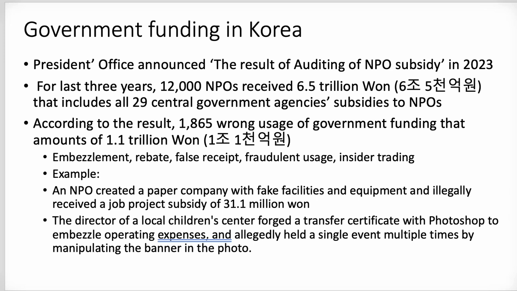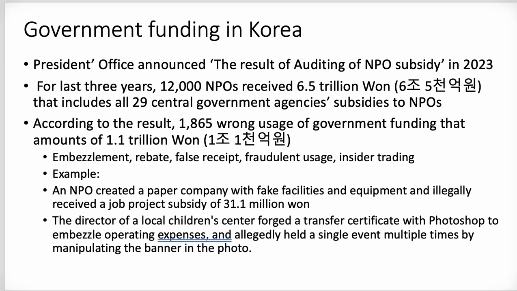That includes all 29 central government agencies' subsidies to NPOs. According to the results, there were 1,865 cases of wrong usage of government funding, about an amount of 1.1 trillion won. This includes embezzlement, rebates, false receipts, fraudulent usage, and insider trading.